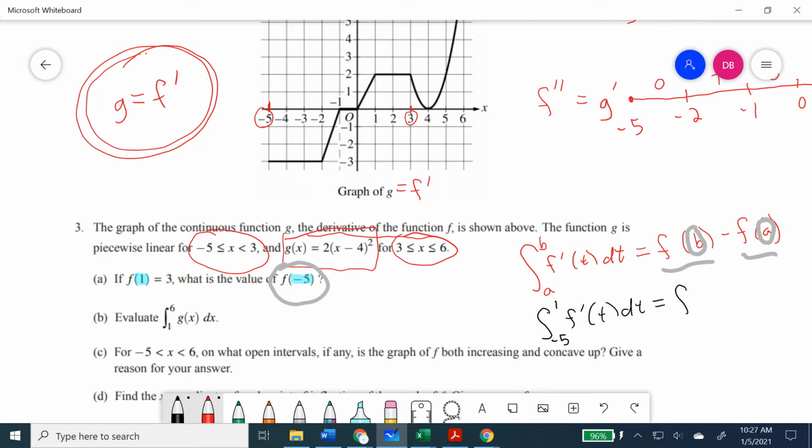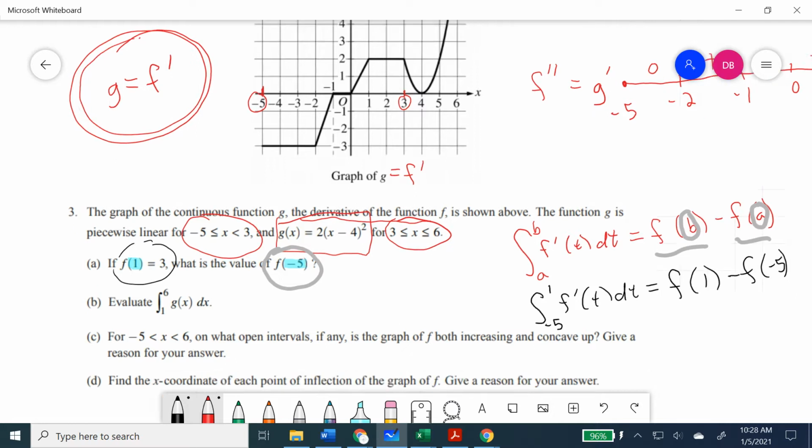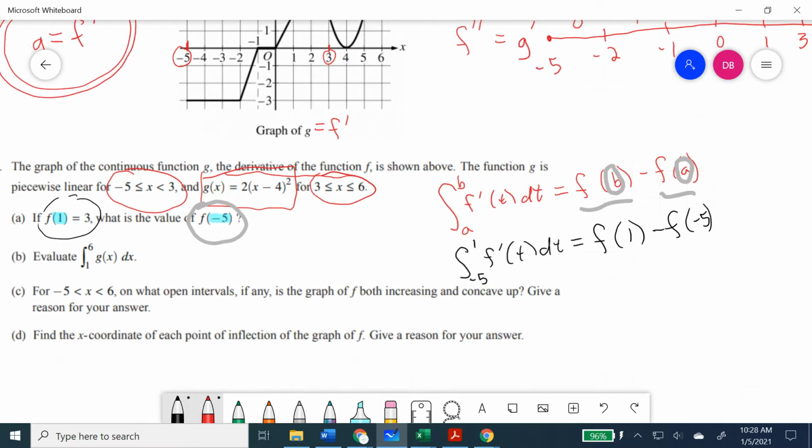That means that this is equal to f of 1 minus f of negative 5. I was told that f of 1 was equal to 3, so I'm going to put that information down. I need to find f of negative 5.